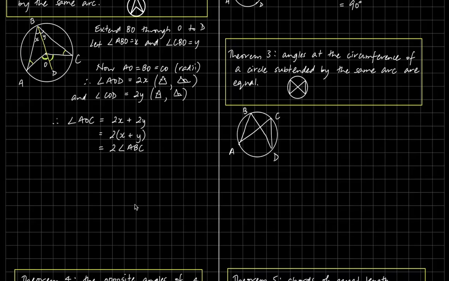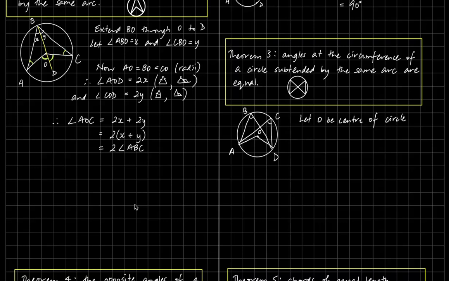So on that arc AD, the arc from A to D, we've got two different angles at the circumference, angle B and angle C. So let's let O be the center of the circle, and let's draw in that.